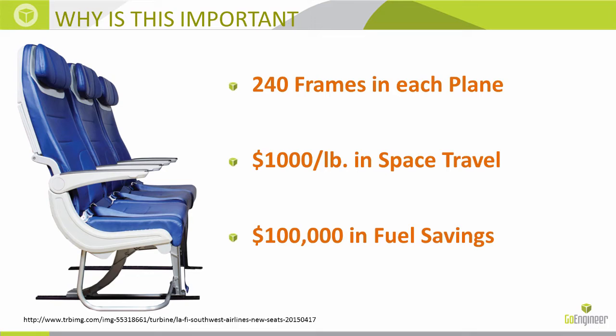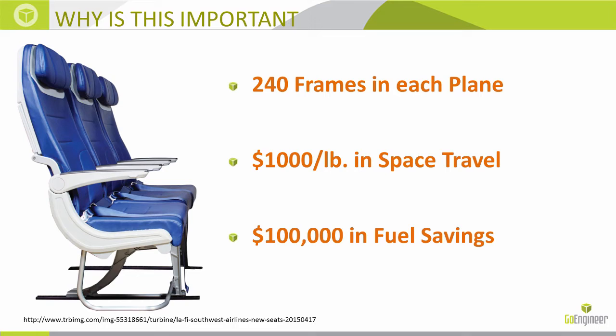A typical Boeing 777 weighs about 770,000 pounds, and a structural component like a frame is very representative of the entire geometry of the plane itself, where these are weight components that need to be carried around regardless of whether the flight is full or not.